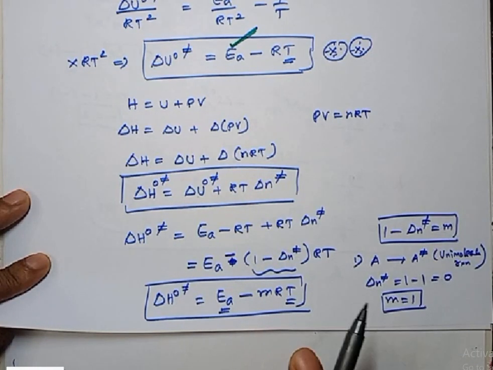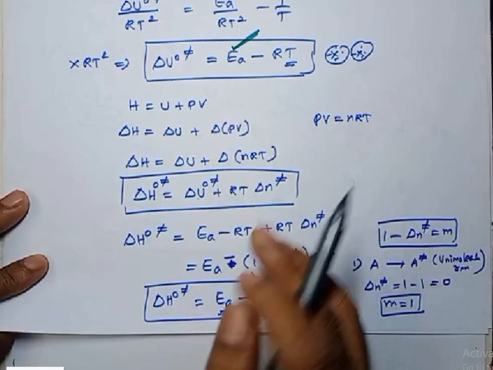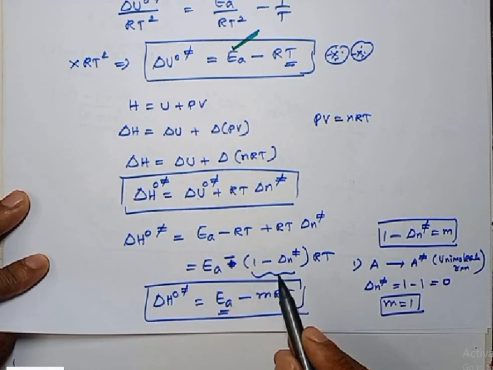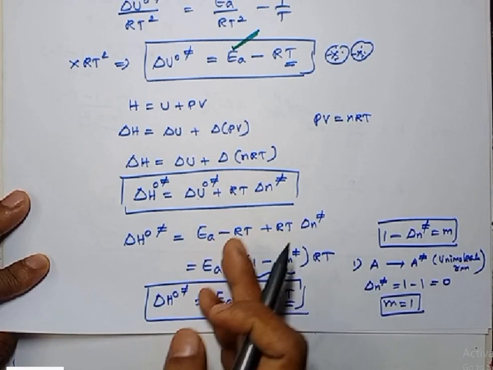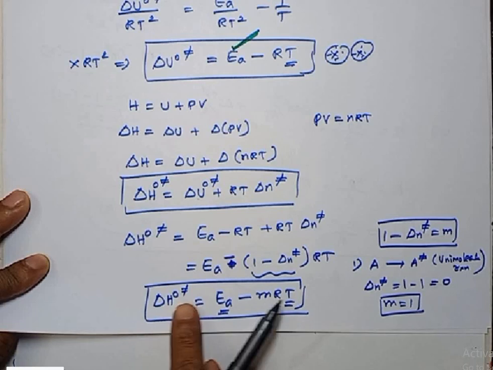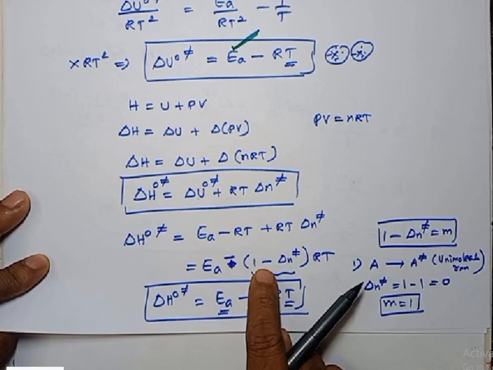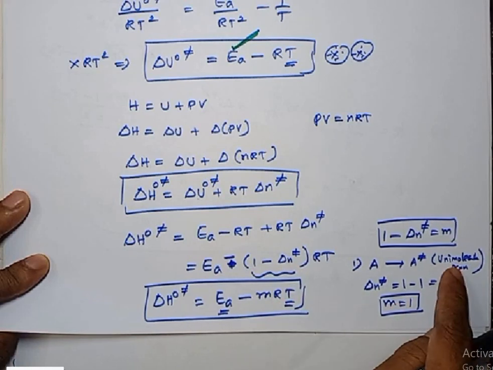Ng. If I substitute this delta H naught double dagger in the Eyring equation, I'm just making some rearrangement. We discussed this in the last class. Delta H naught double dagger equals EA minus MRT, where M is nothing but 1 minus delta N double dagger. If M is equal to 1, it is a unimolecular reaction.